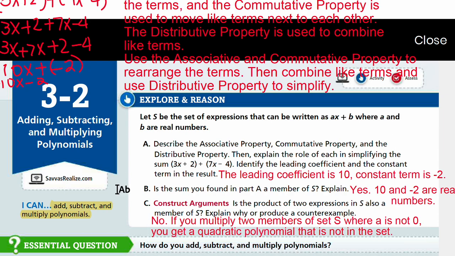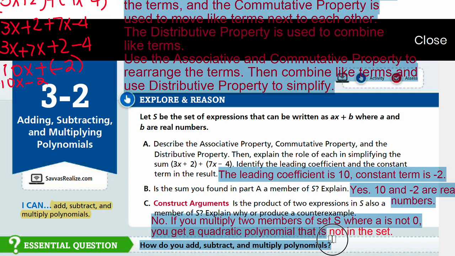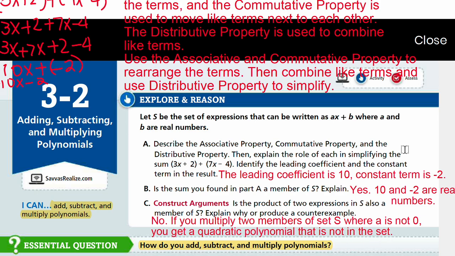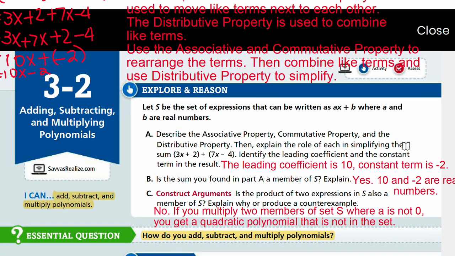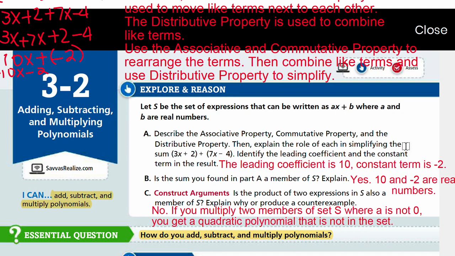So if you multiply any members of set S, then it's going to be a quadratic and it's not part of S anymore. So let's think about this question. How do you add, subtract, and multiply polynomials? Throughout this lesson, we're going to keep asking this question and see if we know how to explain it, not only know how to do it.